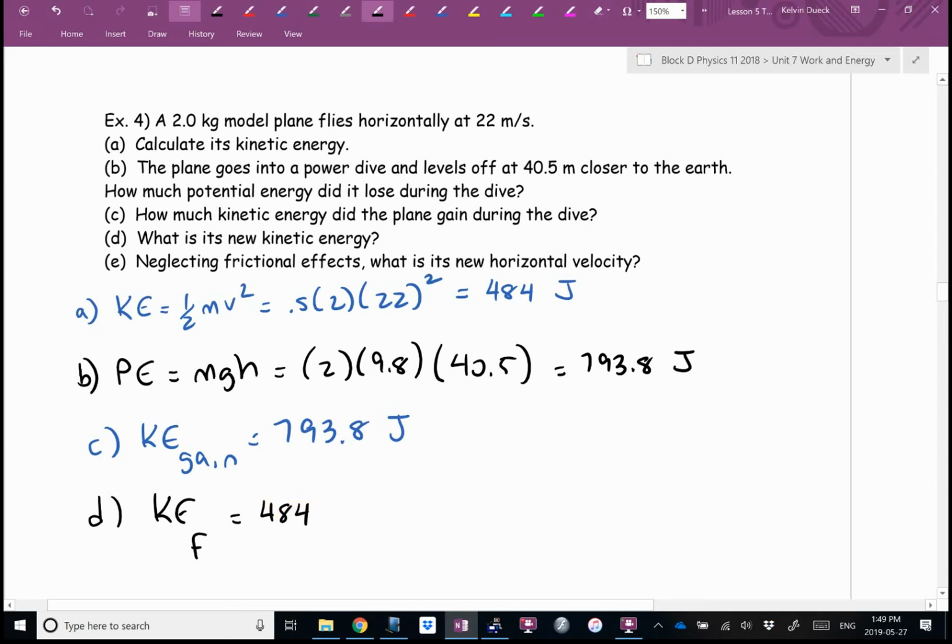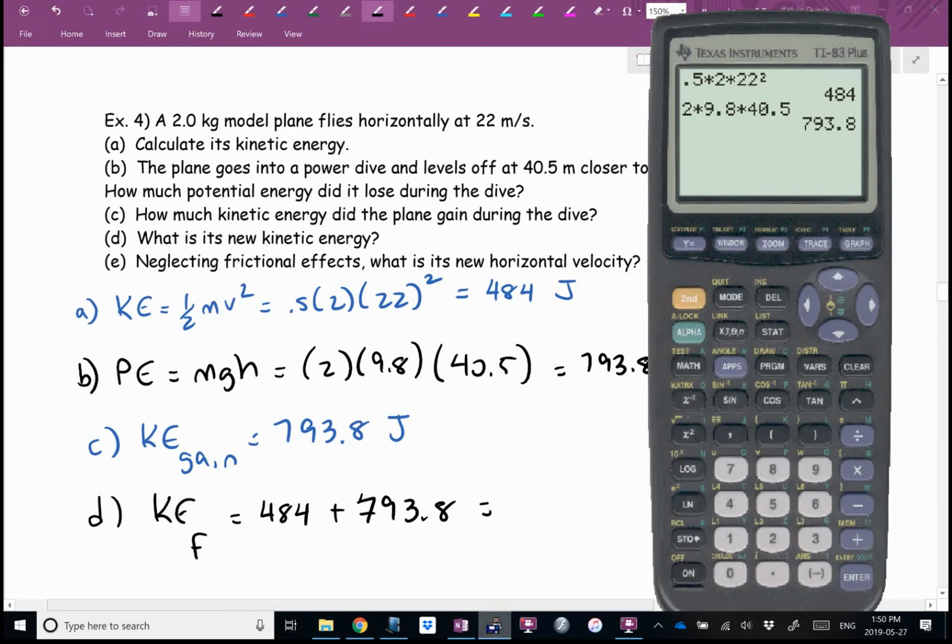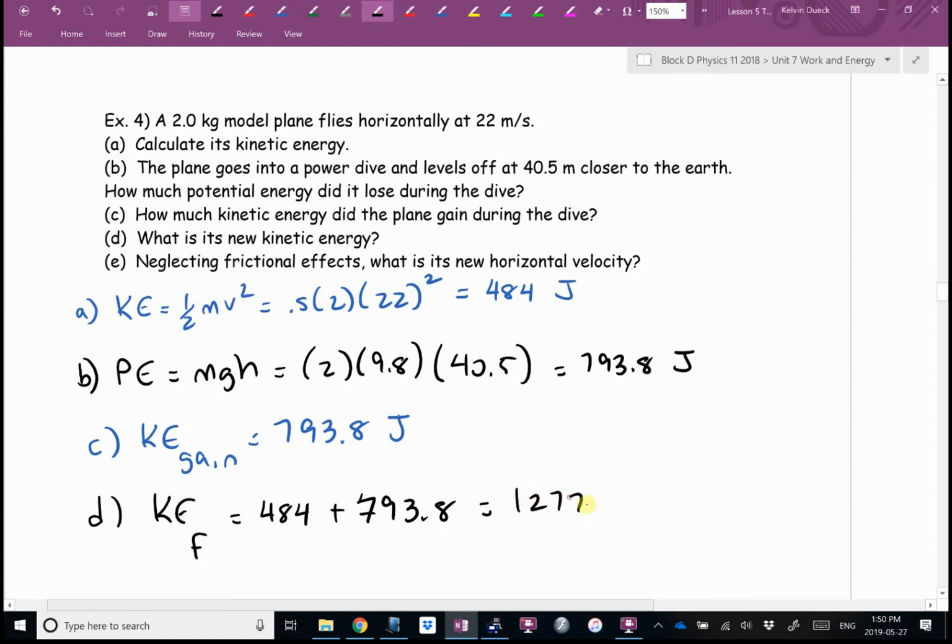In real life, the path that the plane took, if you look up, it would be all curvy and yucky and slanty, but because energy is a scalar, it doesn't care about that curvy path that you took diving down to get there. It just cares about where you started and where you ended. So it's going to be 484 plus 793.8. It now has 1,277.8 joules of energy.